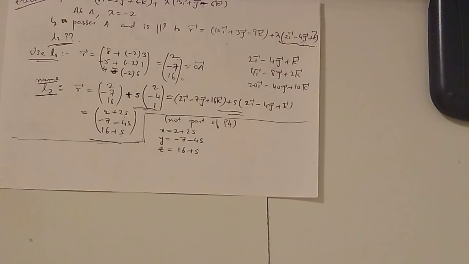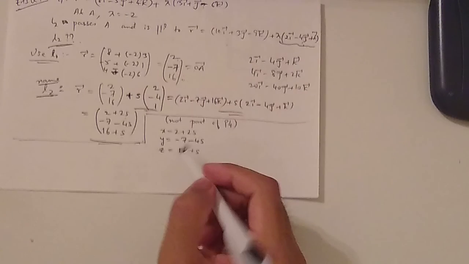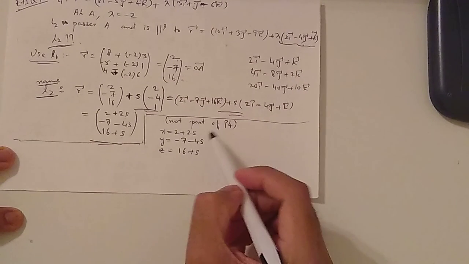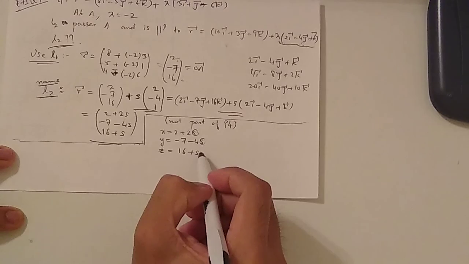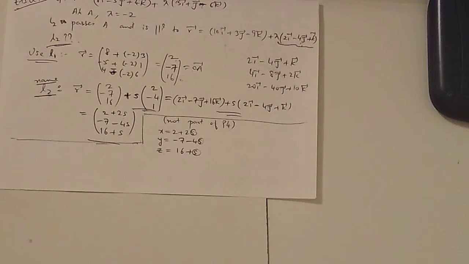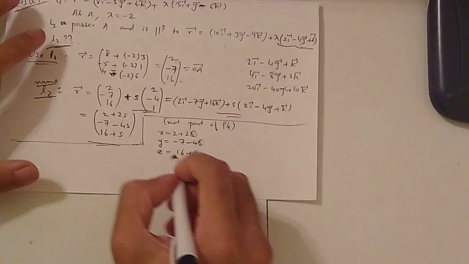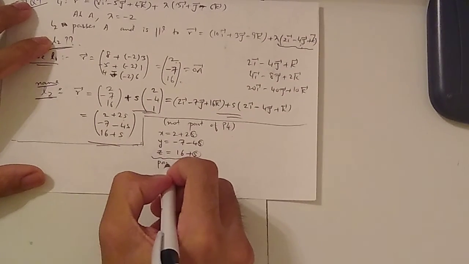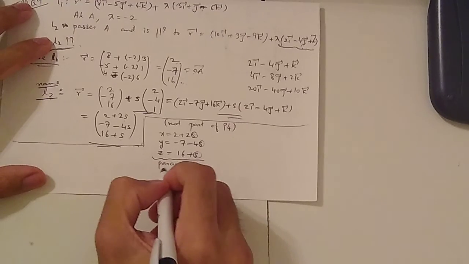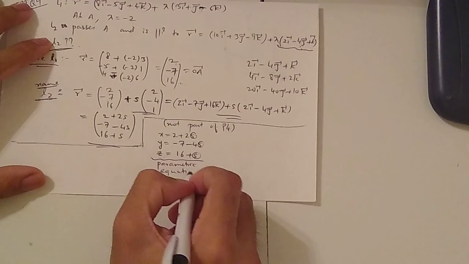Are these the Cartesian equations? They are not. Why? Because even though we have x, y and z, we still have s. Since we have a helping variable s in our equations, these are actually the parametric equations for our line.